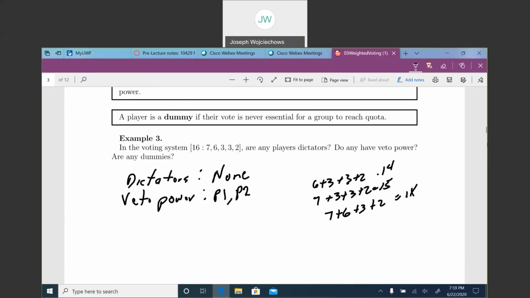Now, what about dummies? Well, since player 1 and player 2 have veto power, they cannot be dummies. It cannot pass without them. So they are necessary.